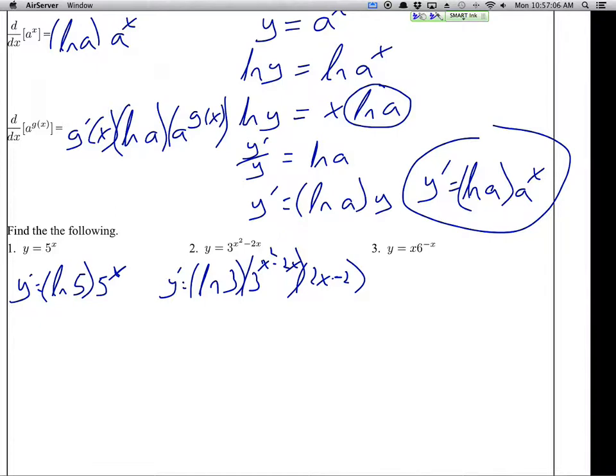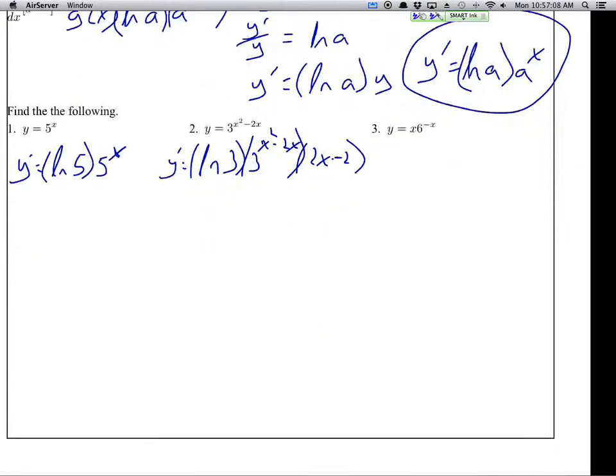Alright, then Jasmine on number 3. What's required on number 3? Product rule. So that's going to be first, which is x, times the derivative of the second. So what would the derivative of the second be?